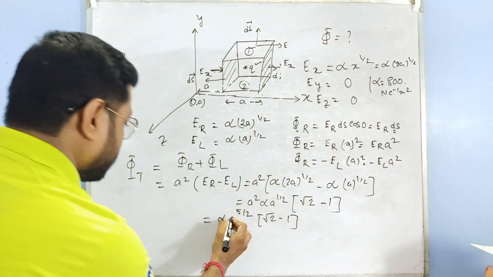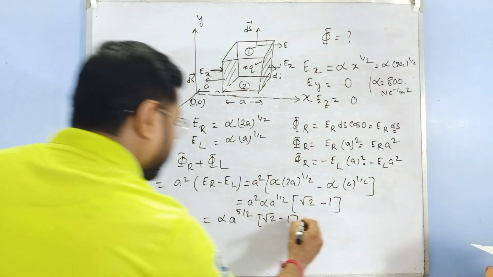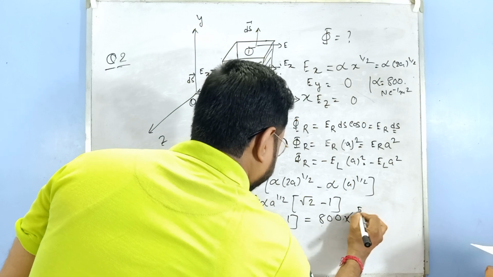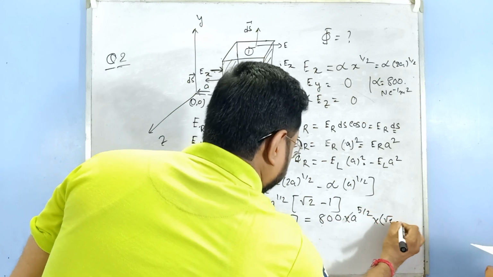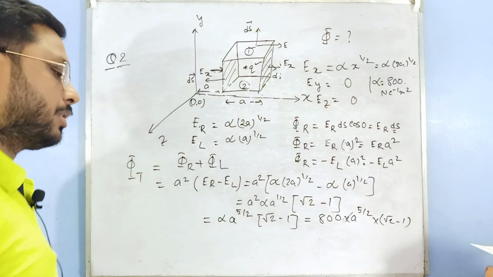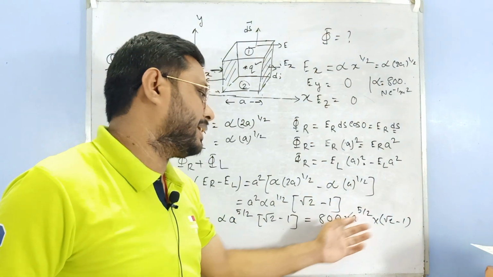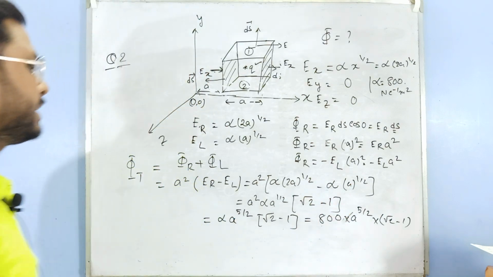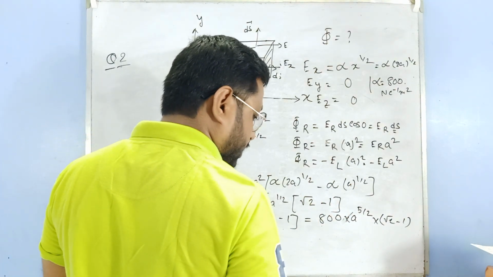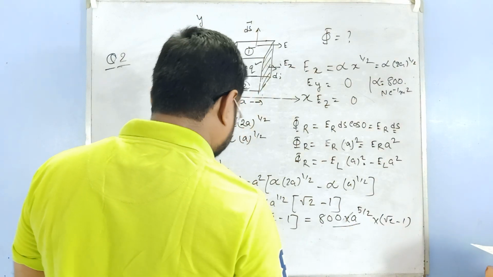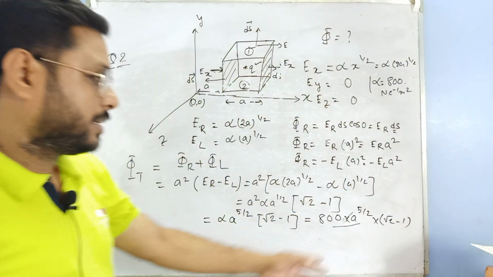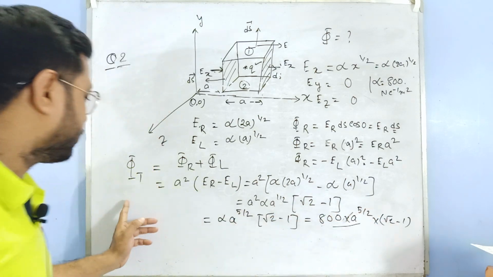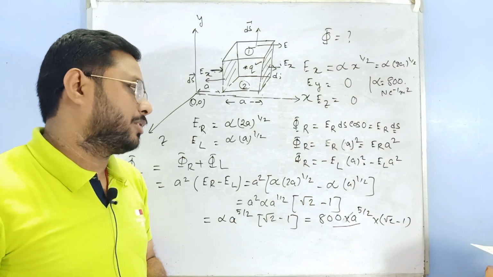So we can put the value of alpha, 800 multiplied by a to the power 5 by 2 into root 2 minus 1. Now if the value of a is given as 1, then this is 800 into root 2 minus 1, and for any arbitrary surface, you can find out the value of the total flux phi. Here a is not given. If a is given, then put the value of a and find the total flux.